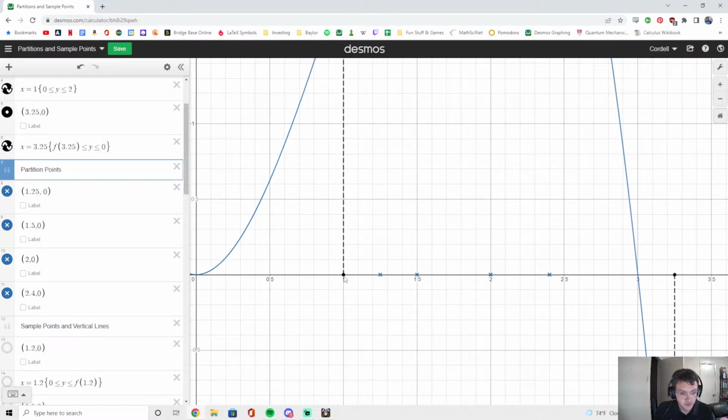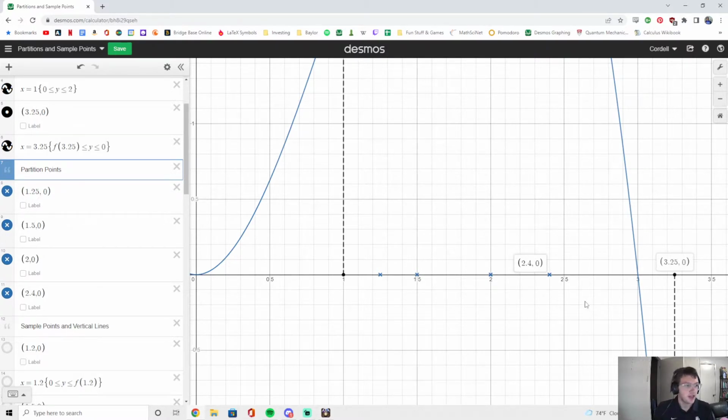We have this interval from 1 to 1.25. That's one of our subintervals. We have a subinterval from 1.25 to 1.5. We have a subinterval from 1.5 to 2. We have a subinterval from 2 to 2.4. And then our last subinterval is from 2.4 to 3.25.